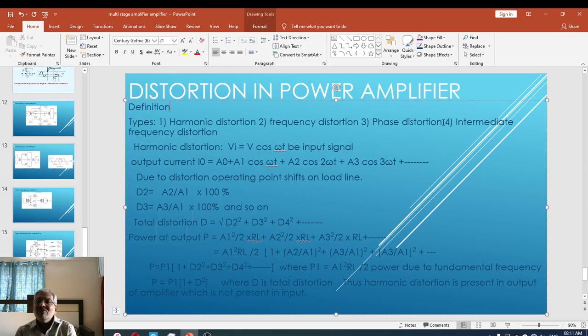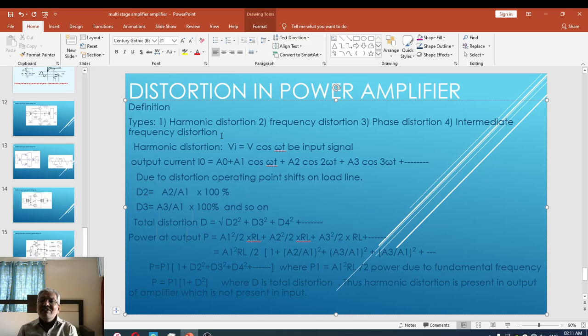The fourth type of distortion which we have to introduce is known as intermediate frequency distortion. Friends, intermediate frequency distortion appears in electronic communication, especially in the receiver. The receiver makes use of an IF amplifier, and its role is to amplify the intermediate frequency signal which results from the tuner circuitry.